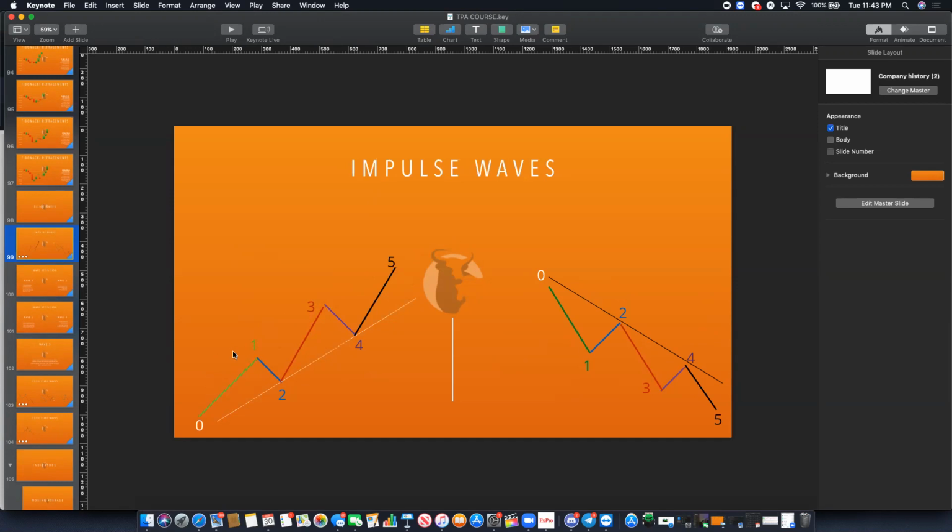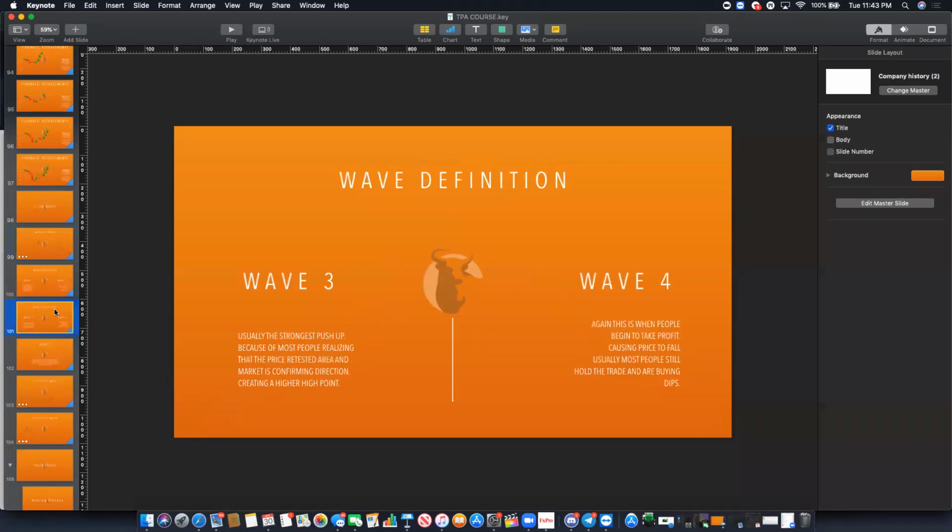And that gives you an ascending channel. So if you notice, you're going to have 1, 3, and 5 towards the upside of an uptrend. On a downtrend, it would be 1, 3, and 5 on the support. Okay? But back to the wave meanings.